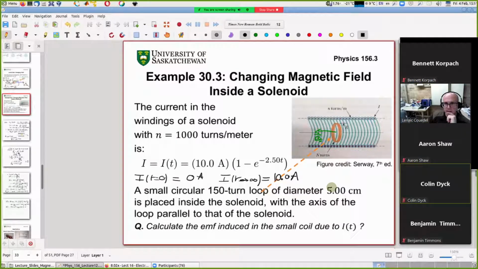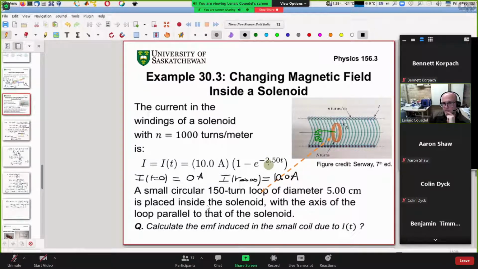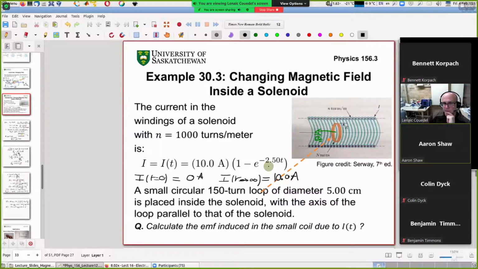Increasing. All right, so the magnetic field induced in the solenoid is increasing or decreasing? Increasing. So you have an increasing magnetic field. So the flux through the small coil is increasing or decreasing? Increasing. So therefore, in what direction should the induced field be?